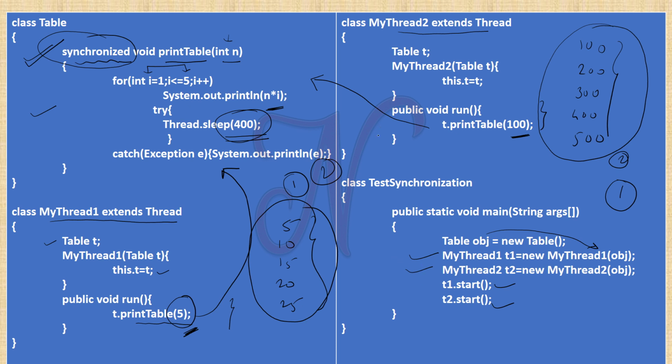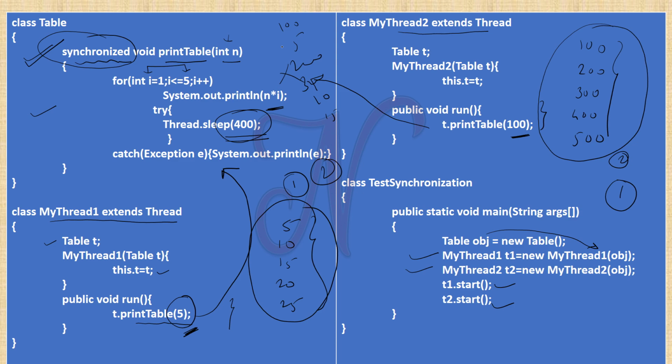But they do not mix up with each other, like this way: 100, then 5, then 200, 300, then 10, 15. So they do not print like this. That possibility exists if there is no synchronized keyword. Okay, so students, write this example on your paper.